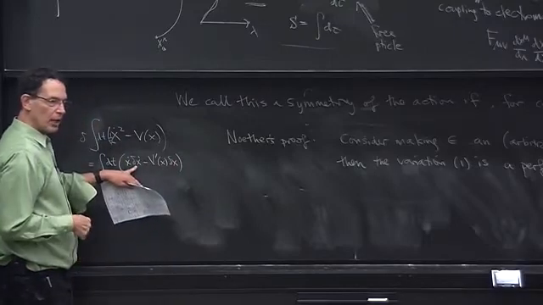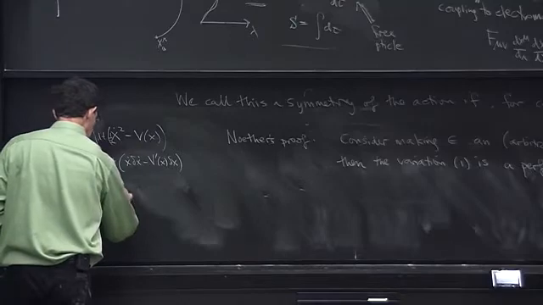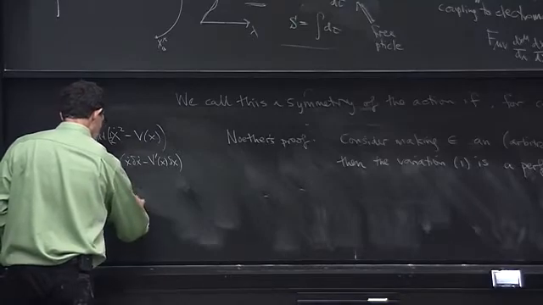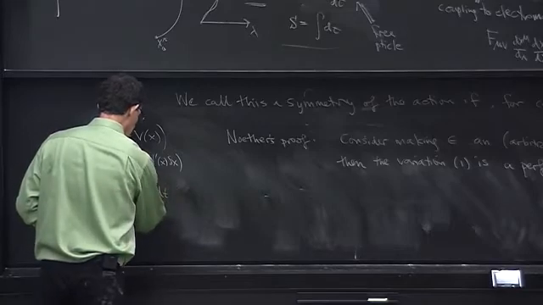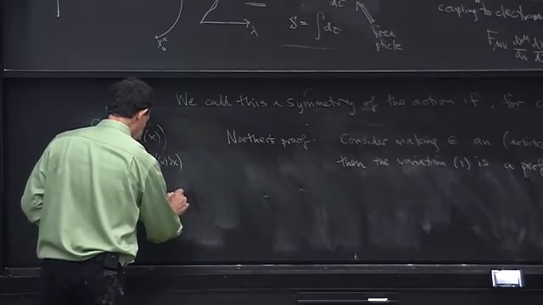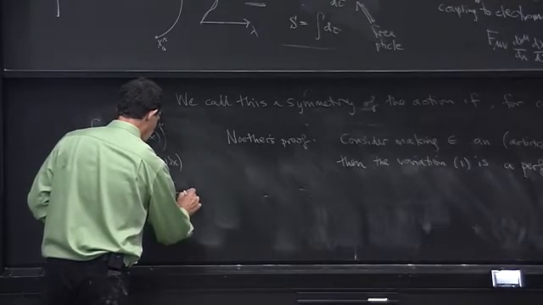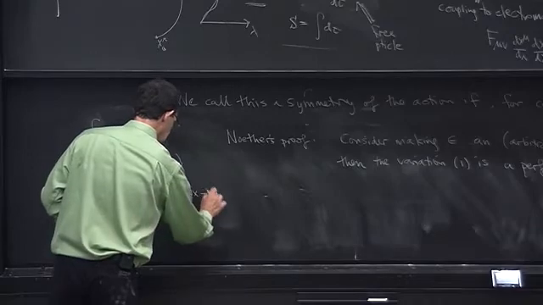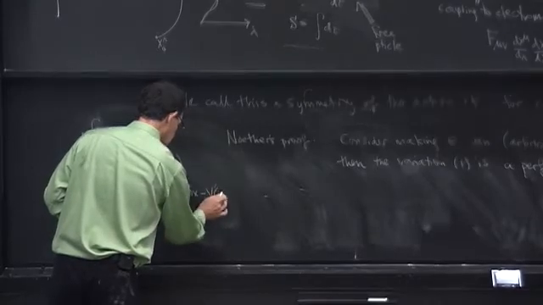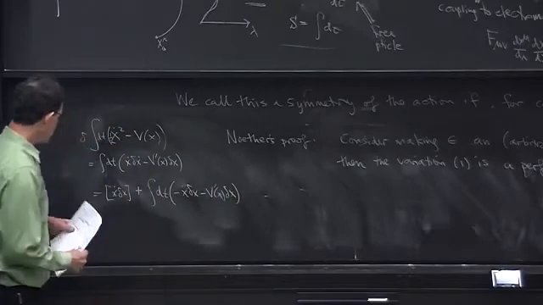Now I integrate by parts, right? So this is equal to a surface term, x dot delta x, minus integral dt, x double dot delta x minus v prime of x delta x. Right, so that's the surface term.